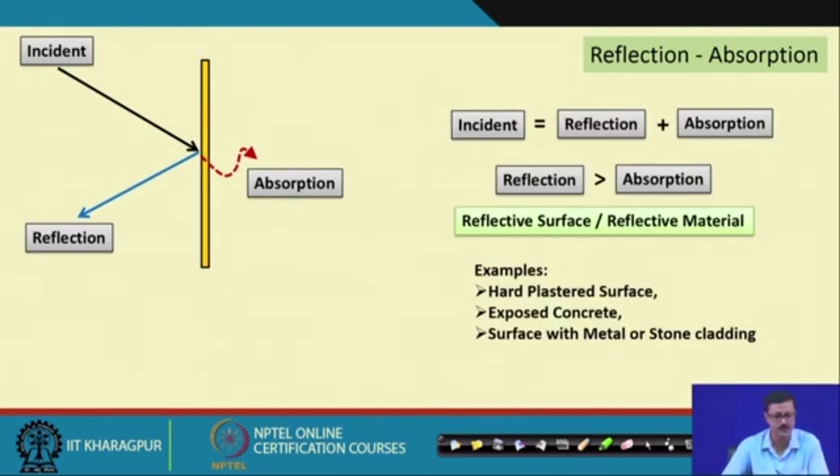So, in this figure, what we have shown is a reflective surface where the absorption part is quite less with respect to the reflection part. The surfaces which are very popularly known for actively participating in reflection are hard plaster surfaces, exposed concrete surfaces, metal surfaces or stone cladding, those kinds of very hard surfaces.